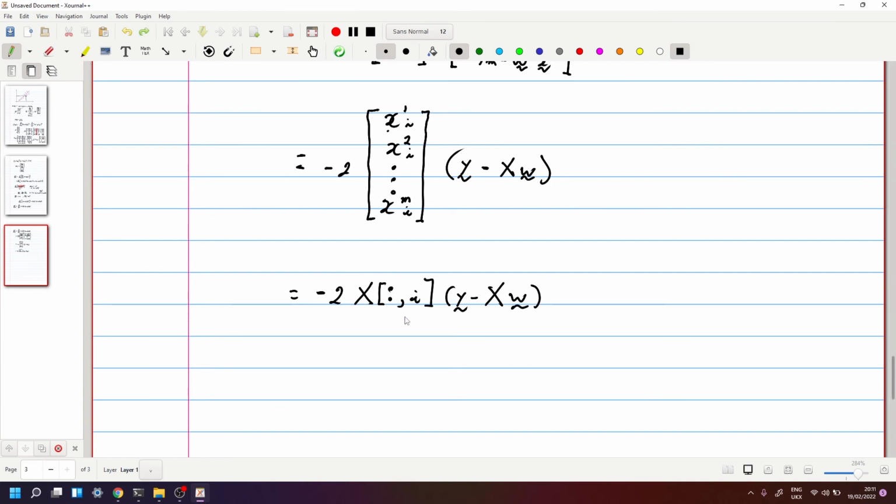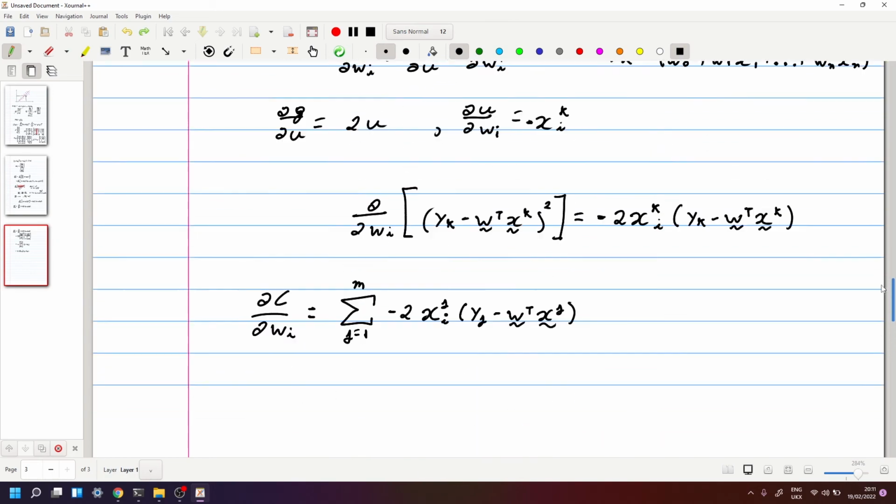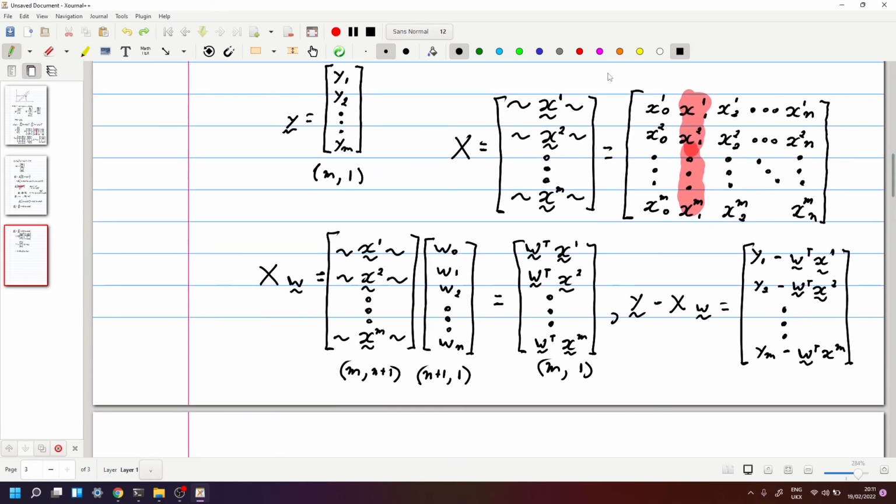But in this particular notation, what I mean is from the matrix X, I'm going to take all the rows, in particular all the values in the ith column for all the rows. In other words, I'm basically representing this here. If this particular column would be, in that case, X, all of the rows, but I want the first column here. Okay, this is what it means. This is what I mean by that.